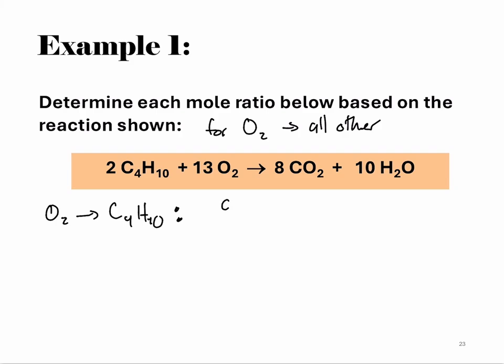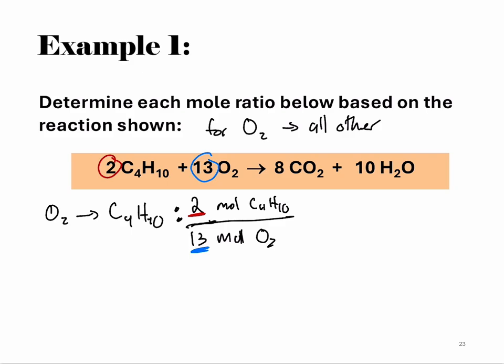So we're going to have moles C4H10 over moles of O2. And what are the numbers going to be here? Yep, we have 2 moles per 13 moles of oxygen. Where do we get that from? This 2 comes from the coefficient here, and the 13 comes from the coefficient there.